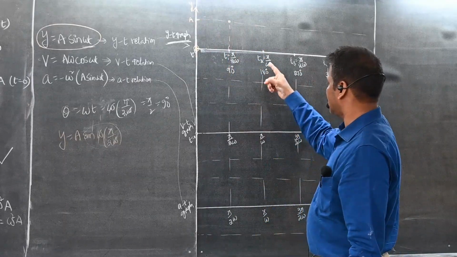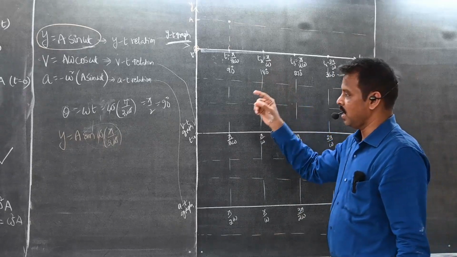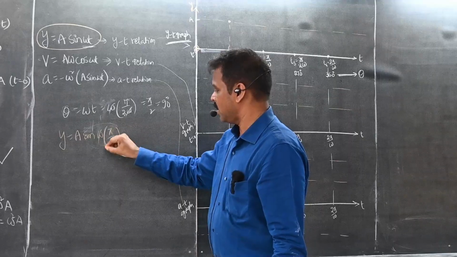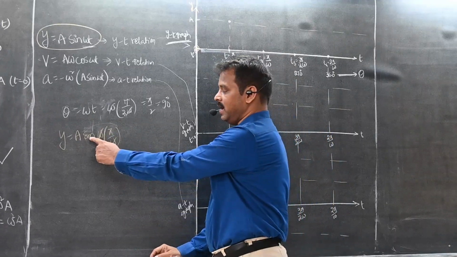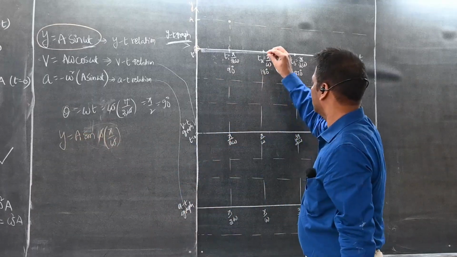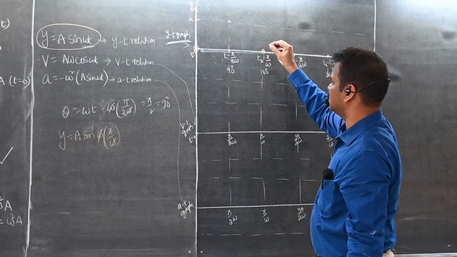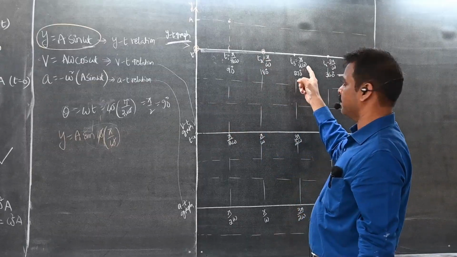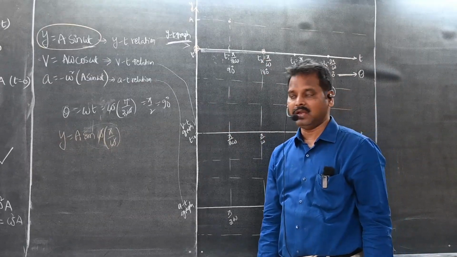Then what is the second time? Pi by omega. In the same case I am writing t as pi by omega. Omega will cancel. Sin 180 is 0. 0 into anything, so this value will be y is 0. Then the third time, 3 pi by 2 omega.